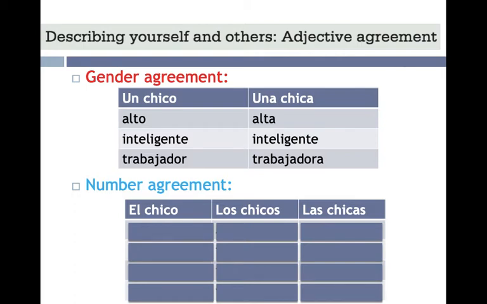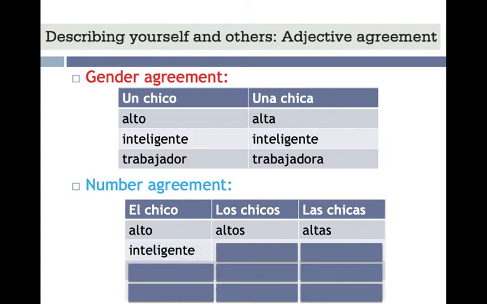So the tall boy, el chico alto. How about the tall boys? Los chicos altos. Matches the whole way down the line, masculine, plural. And what about las chicas? Las chicas altas. Now we have feminine, plural.